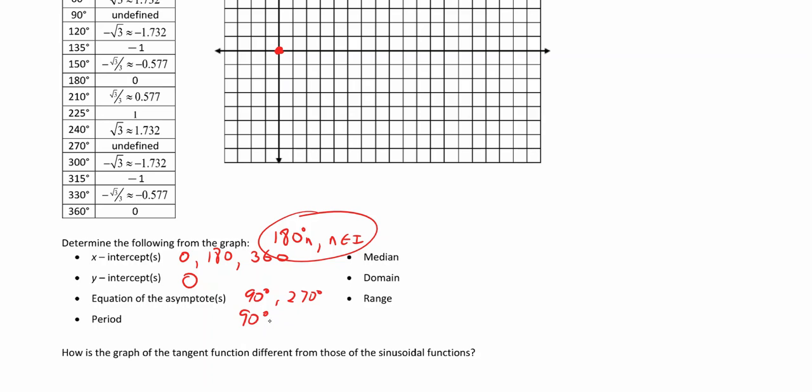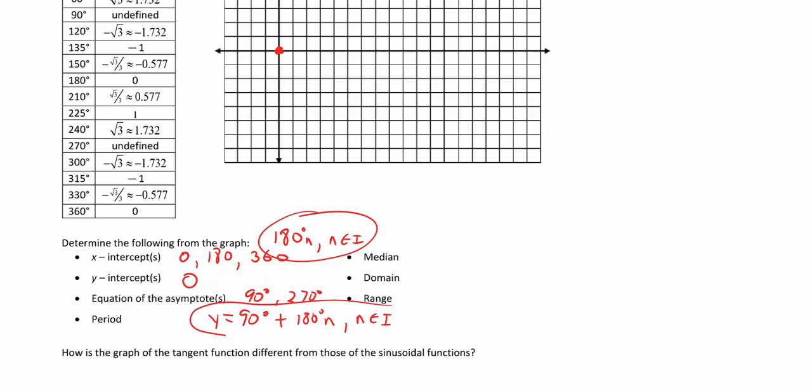So I'm gonna start at 90 and say then plus 180 degrees from there. And now I'm going to multiply that by n. Okay, so that could be 1, 2, 3, or 0, or -1, -2, right? So those are the numbers for n I could put in, where n is a member of the integers, right? And then that should cover all of my different equations of my asymptotes, right?